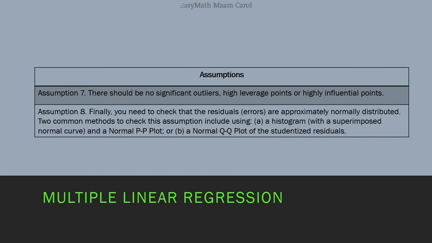These are available in several or in all statistical packages. You should know how to do this. There are a lot of tutorials that you can get from YouTube. So, 8 assumptions for multiple linear regression.